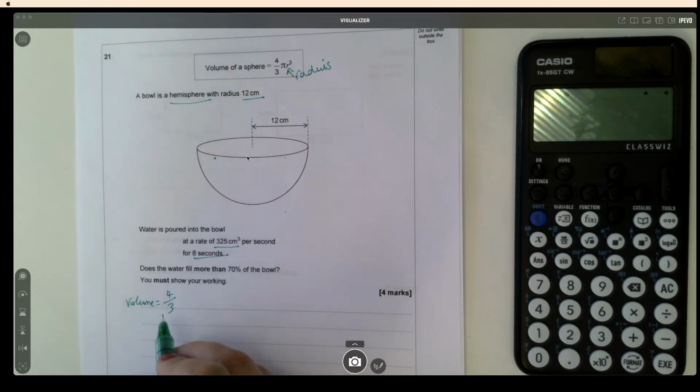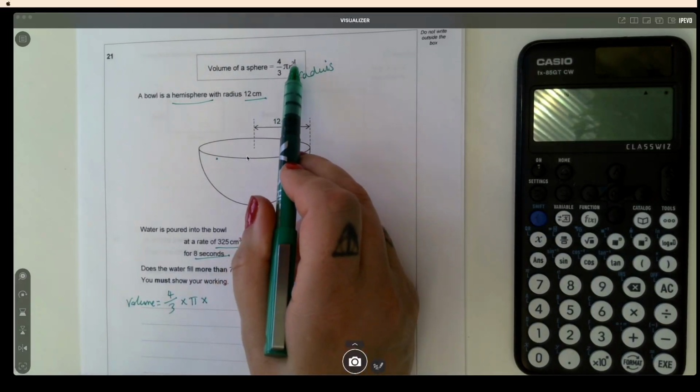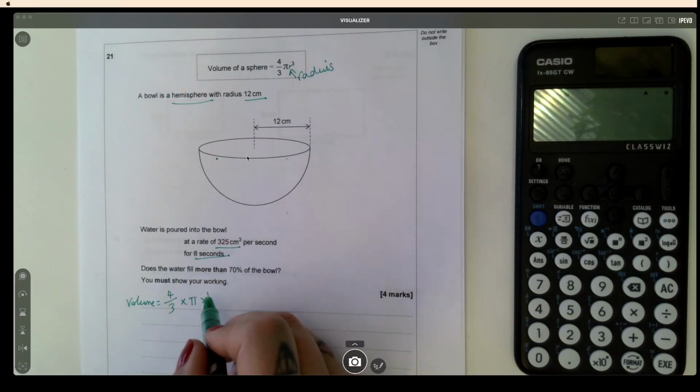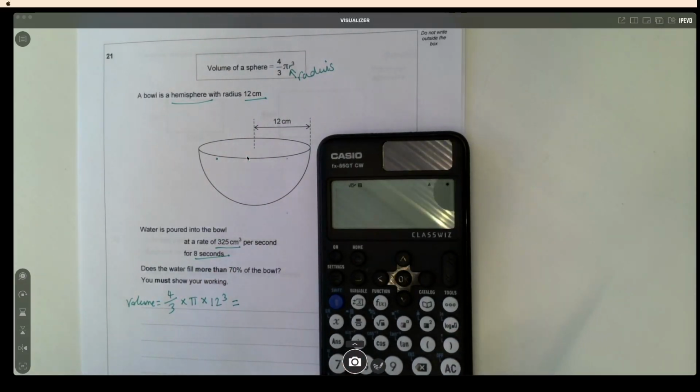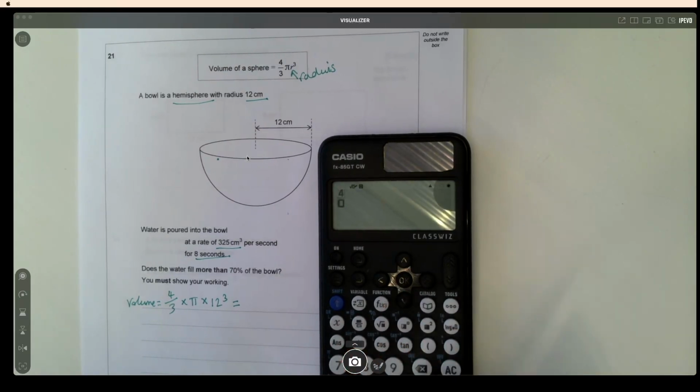Volume equals 4/3 multiplied by pi multiplied by the radius cubed, the radius is 12, so we're going to put 12 cubed. And then we're going to pop that in our calculator. So we've got 4/3 multiplied by pi multiplied by 12 to the power of 3, and then we're going to press equals.